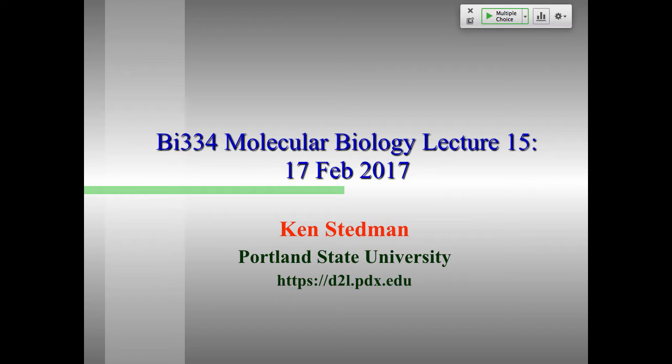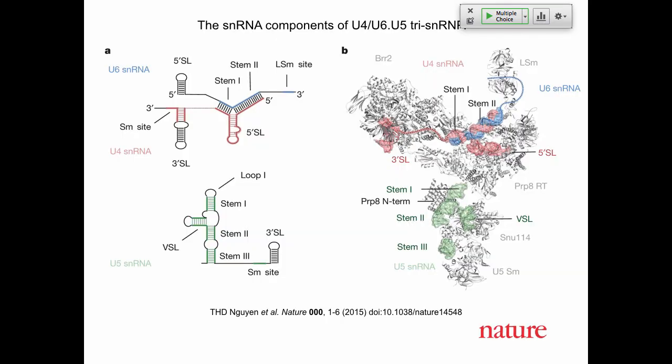But before we do that, I just had a couple of quick things that I wanted to mention. You remember this ridiculously confusing slide that we had last time, looking at where the various different small nuclear RNAs are. This is U4, U6, and U5. This is all before it comes together in the spliceosome.